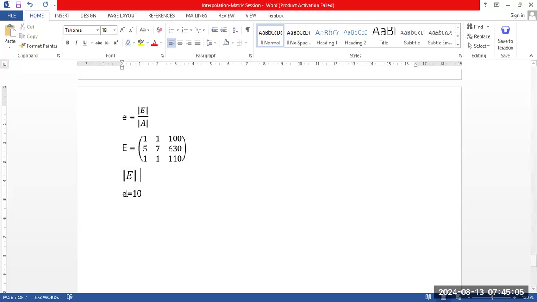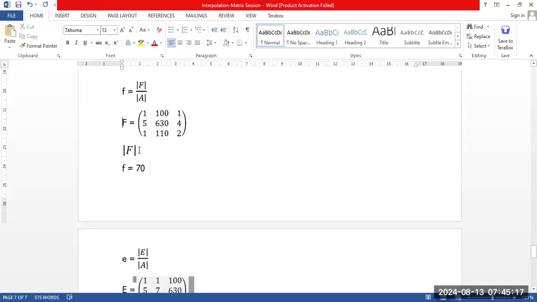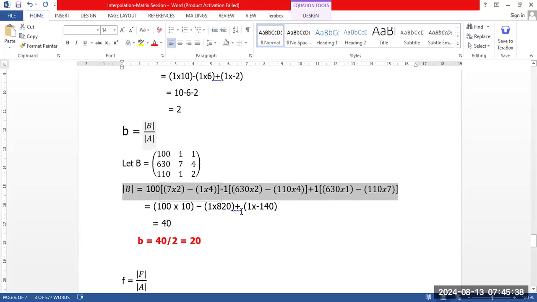If you solve, colleagues, your determinant of E will be equal to 20. You solve in your free time. If you calculate, your determinant of F will be equal to 140.